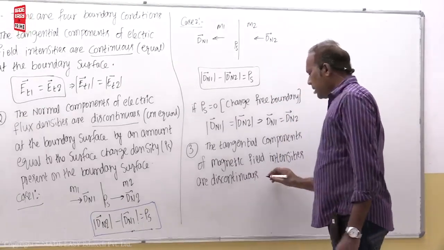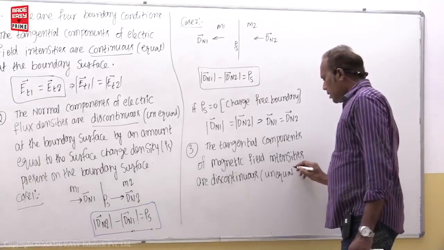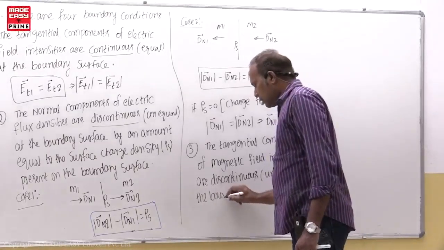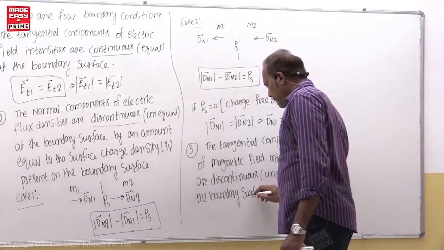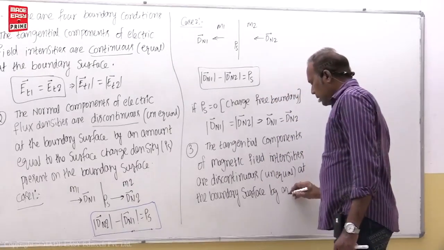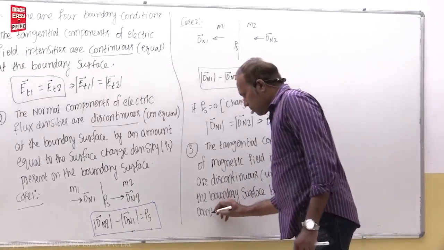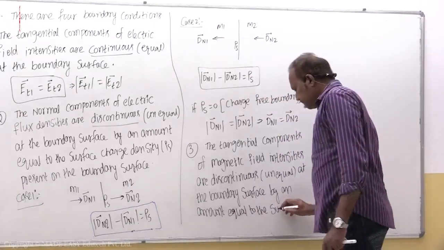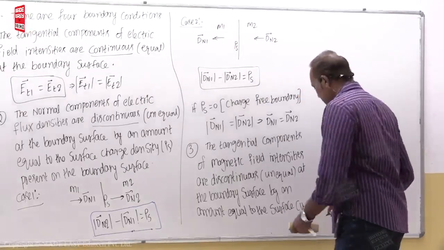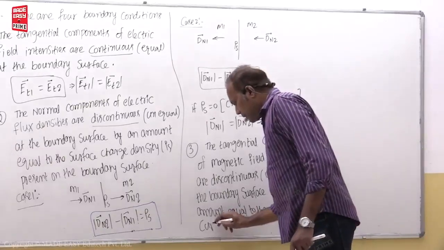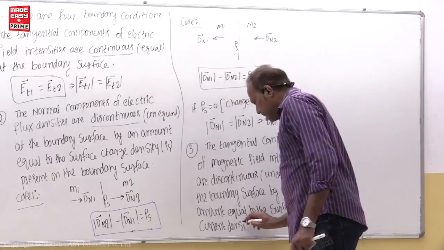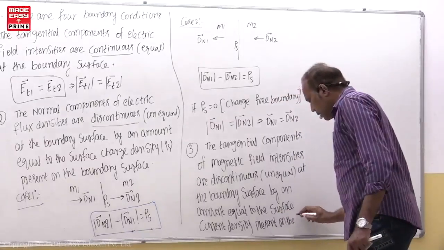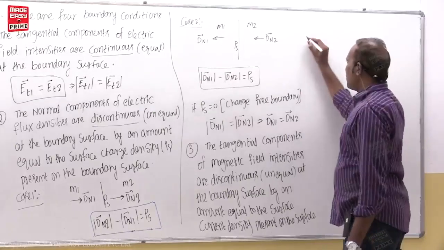Discontinuous means unequal, discontinuous at the boundary surface by an amount equal to the surface current density, that means K bar, that is present on the surface. Surface means boundary surface.